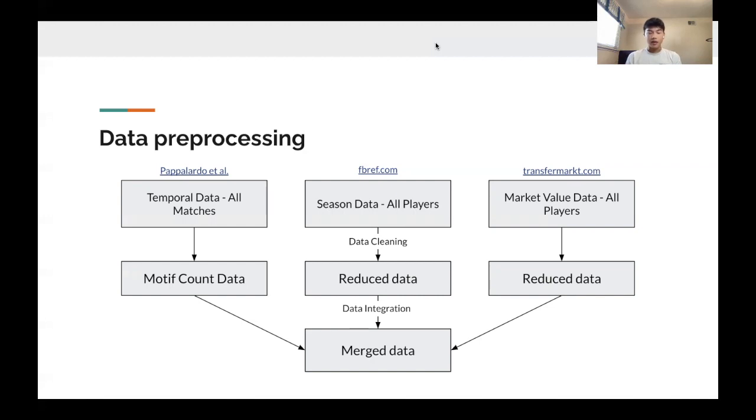The second source of data I used was season data for all players. This included data such as shots or goals, assists, yellow cards, red cards, and stuff like that. And the third data was the market value, which was from transfermarkt.com. After cleaning and integrating the data, I eventually merged it into a single data set that could be used for modeling.